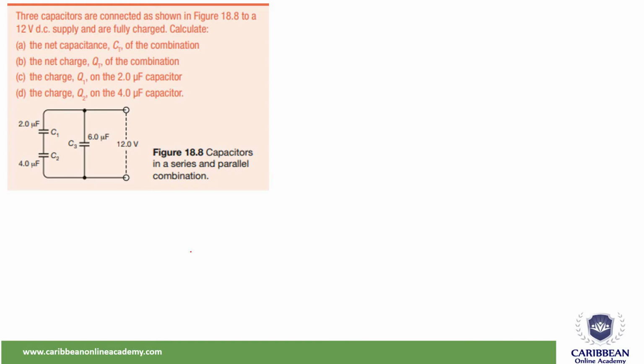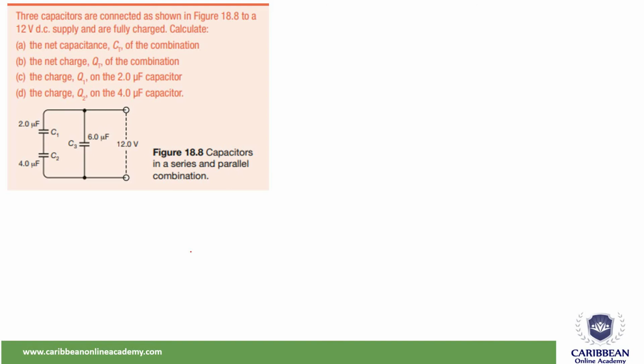Then B says calculate the net charge, QT, of the combination. It also says we should calculate the charge Q1 on the 2 microfarad capacitor, and find Q2 on the 4 microfarad capacitor as well. So we must solve that question.